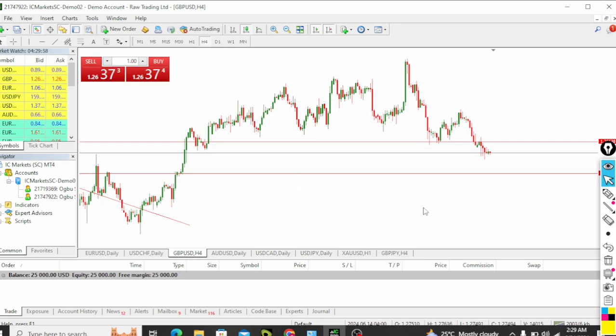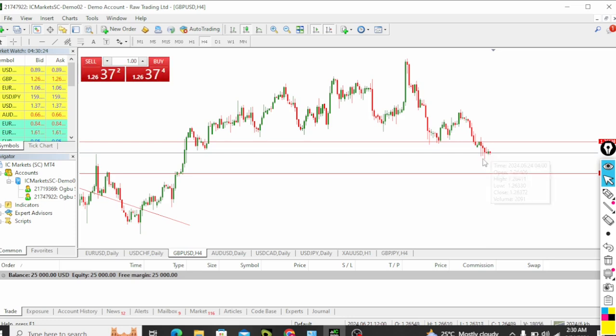Yes, the lower time frame. From the four-hour time frame, you can see that the pair is really moving down. The pair has no power to move up at all. Its attempt to move up has resulted in failure. See, from this point, it has been red candles all the way to this current position.